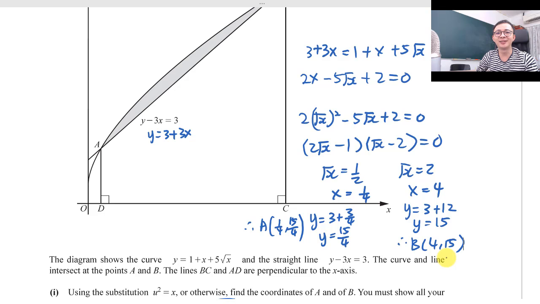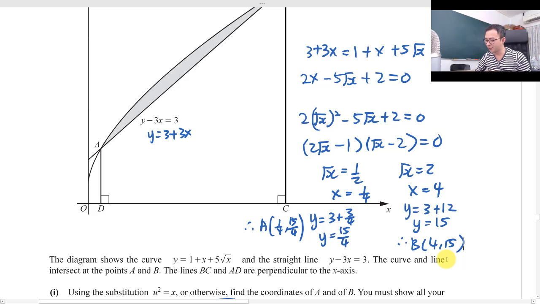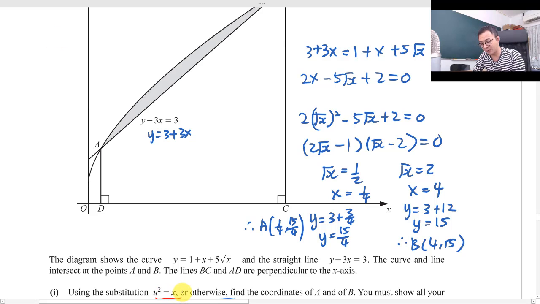Okay, for some students who cannot understand my factorization, I will recommend you use the substitution u squared equals x. So if u squared equals x, you can see it becomes 2u squared minus 5u plus 2 equals 0, where the square root and square cancel.